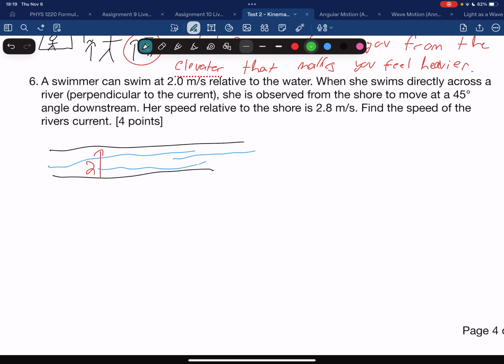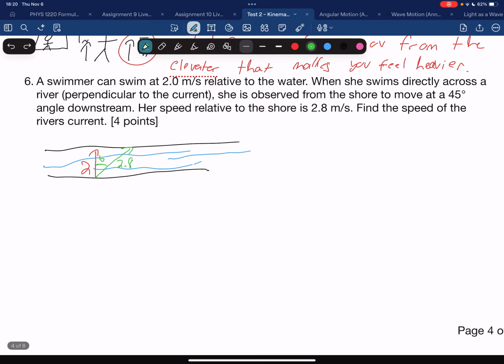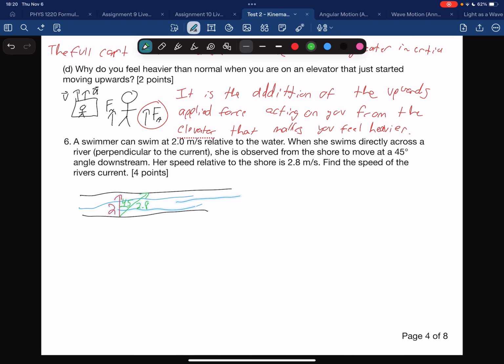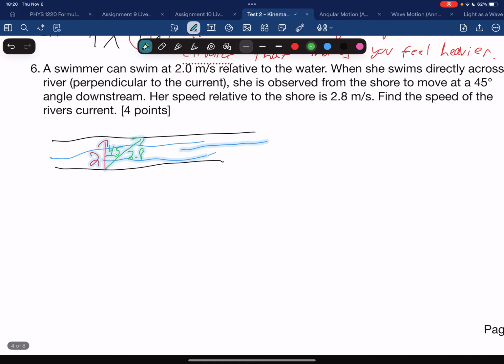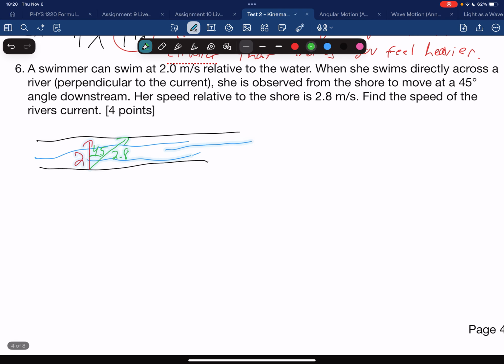And she is observed from the shore to swim at 2.8 meters per second at a 45 degree angle downstream. Okay, so her relative speed to the shore is 2.8 meters per second.